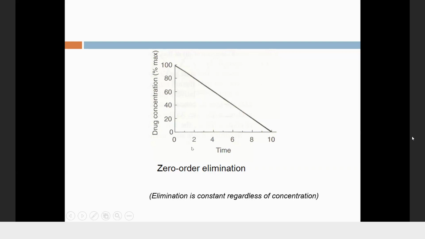So the elimination is constant: 2 hours, 2 hours, 2 hours, regardless of the concentration, whether it's high or low. Okay, so the difference from first order elimination: when the concentration is very high, the elimination rate is also high, and when it gets very low, the elimination rate is low. Whereas in zero order, no matter high or low concentration, the elimination rate is constant.